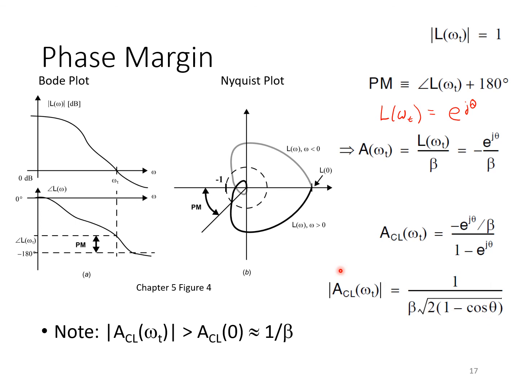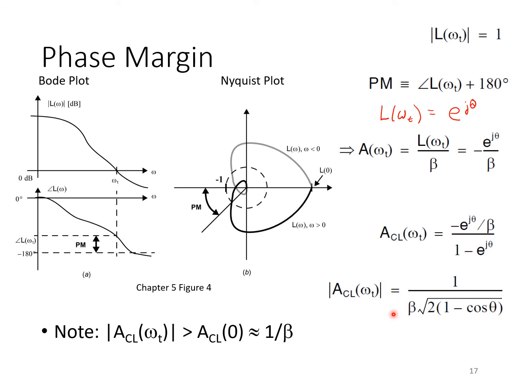So this is very interesting. It turns out that it's a very simple criterion we can place on theta, to ensure that this term never goes above 1 over beta. And so what we find is that with a phase margin of 60 degrees or more, this term here doesn't exceed 1 over beta.